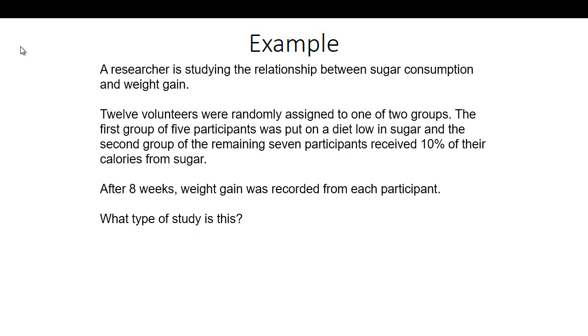What type of study is this? Well, in this case, notice that the researcher has prescribed the participants to do something. So some treatment was done to the participants. So this is an experimental study.